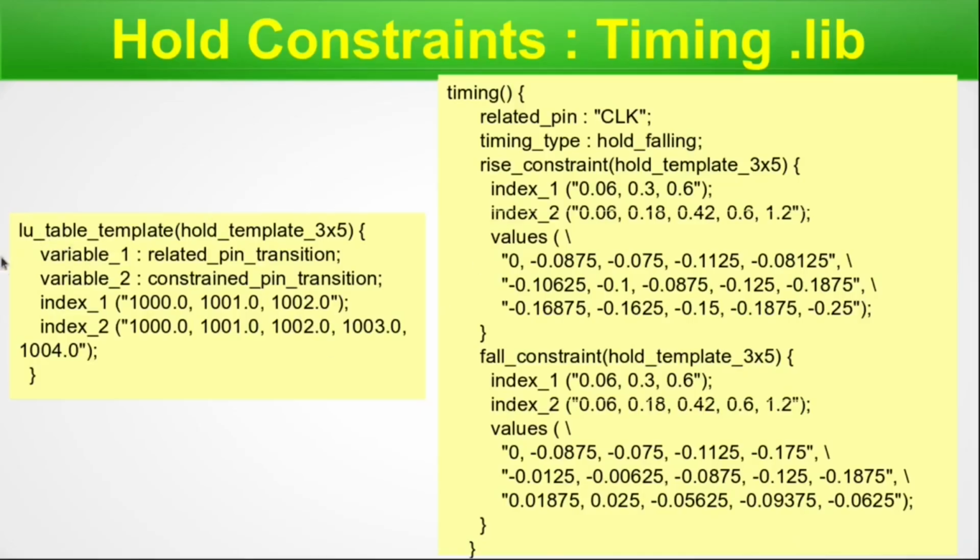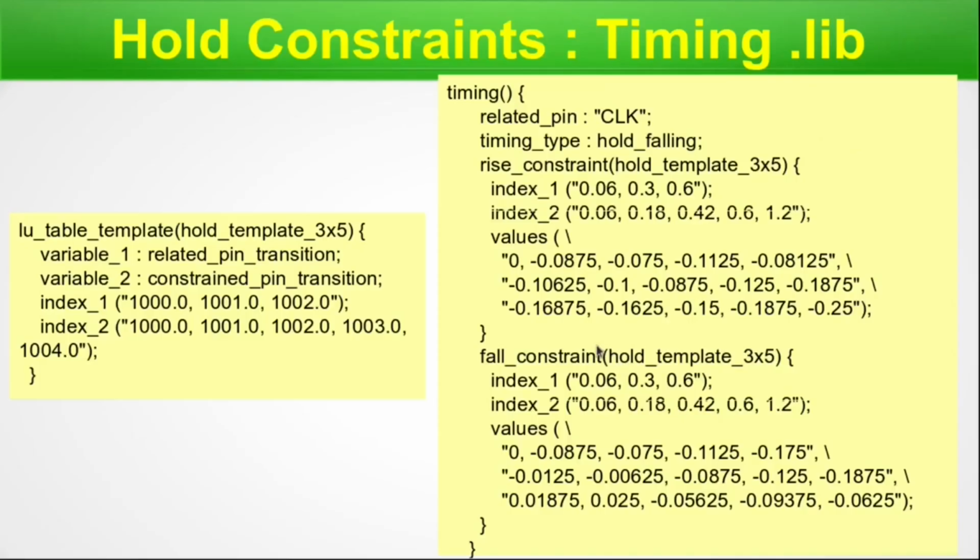Here we have the hold constraints from the .lib. Again, this will be for each and every standard cell, and they will be present in the .lib file, and for this reason the .lib file will be very huge in text format. If you open it with an editor like gvim, it will take some time to load, even though it's a text file. Another point is here, we have both rise and fall constraints.